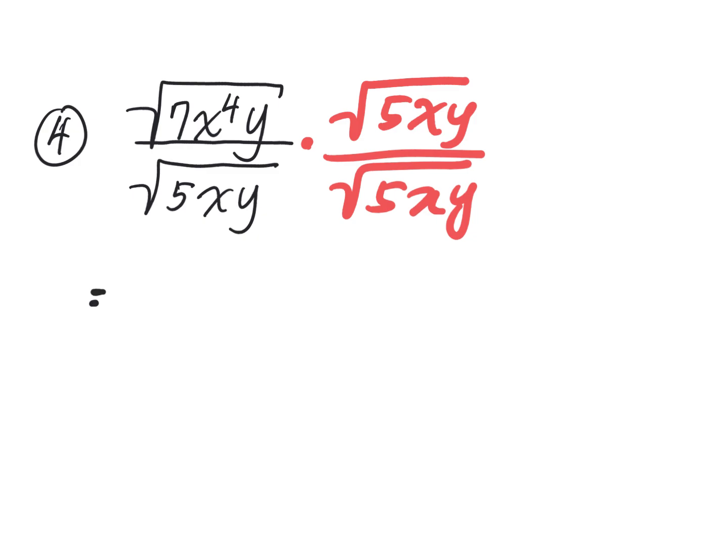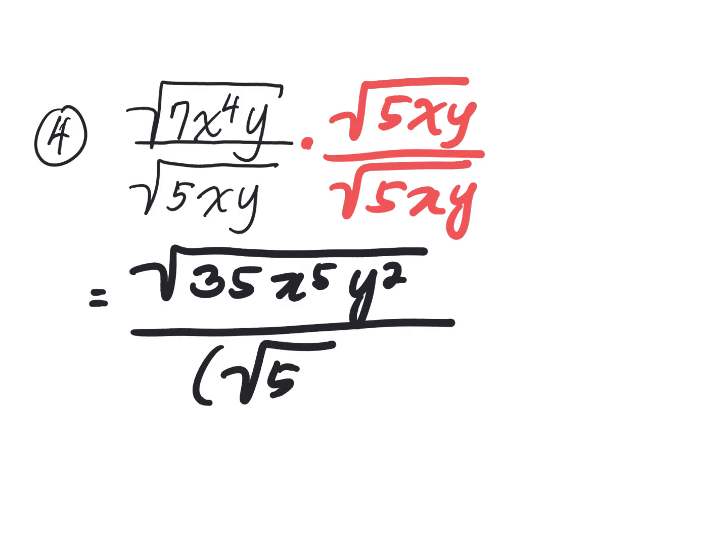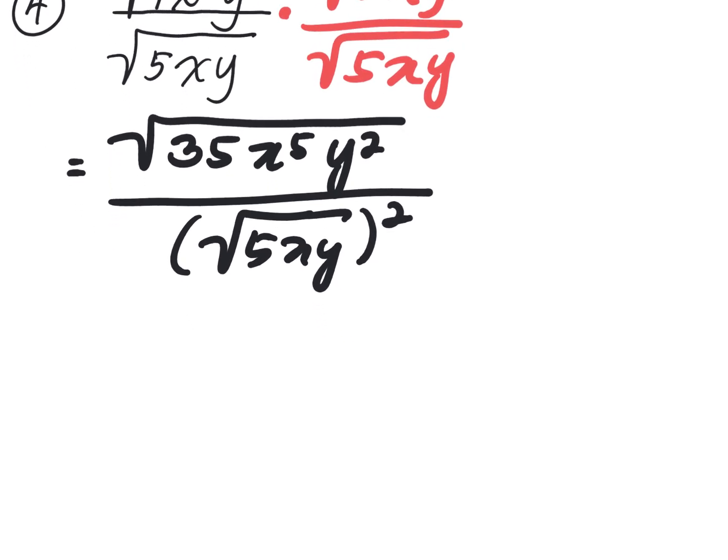On the numerator, you have 7 times 5 is 35. x4 times x is going to give you x5. y times y is y squared. Okay, then we divide that by the square root of 5xy squared.